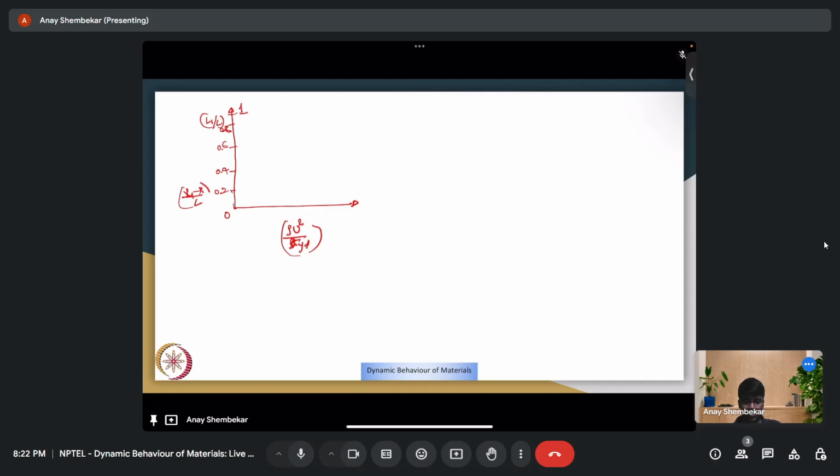L1 minus x by L is the plastically deformed region. So you get something like this for L1 by L, something like this for L1 minus x by L. And if you check with the experimental values, they go something like this.